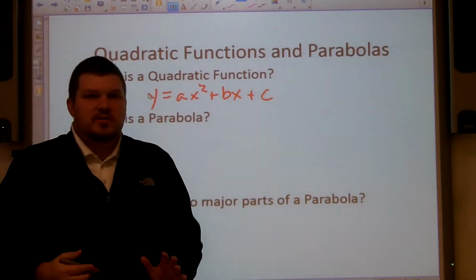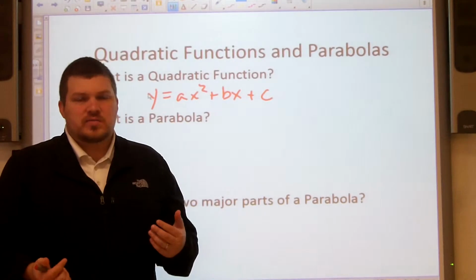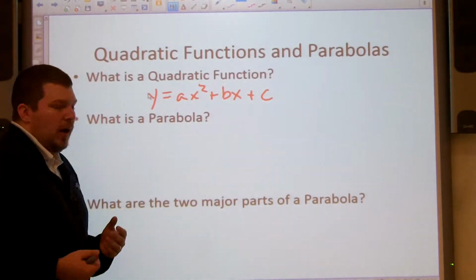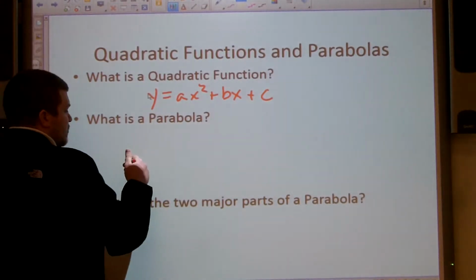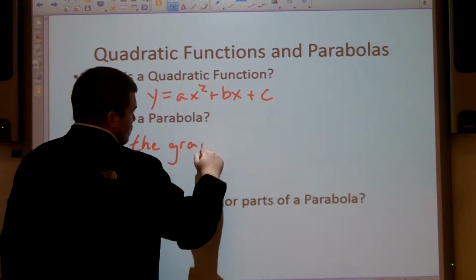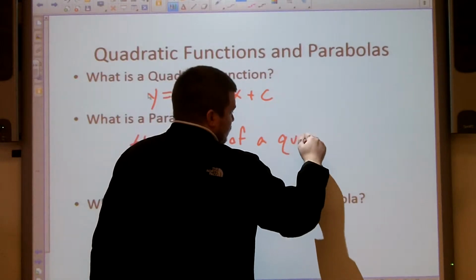Here a, b, and c are just constants. They're just numbers. They could be fractions, decimals, positive, negative. It doesn't really matter. A parabola is the graph of a quadratic function. So it's U-shaped, so it's the graph of a quadratic function.